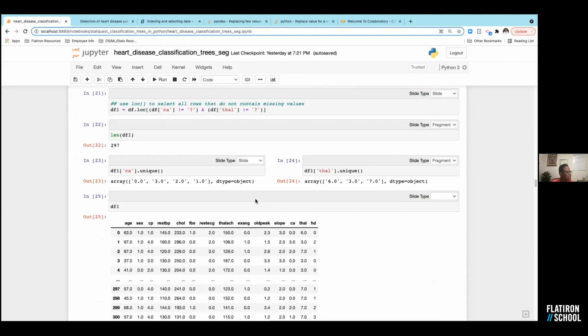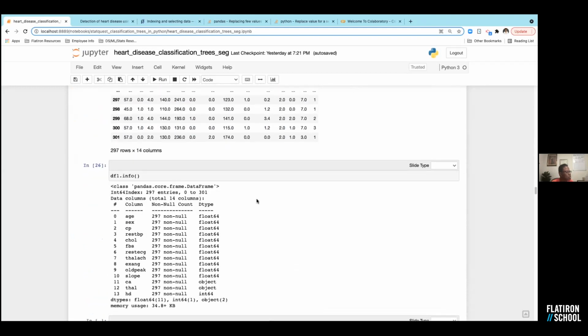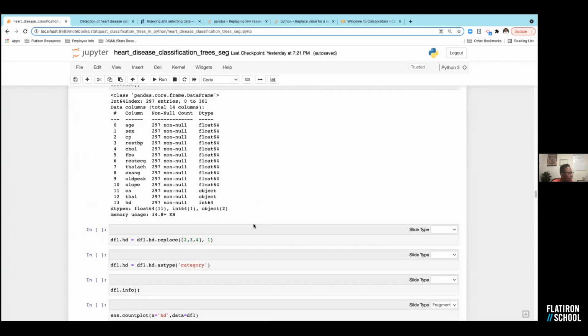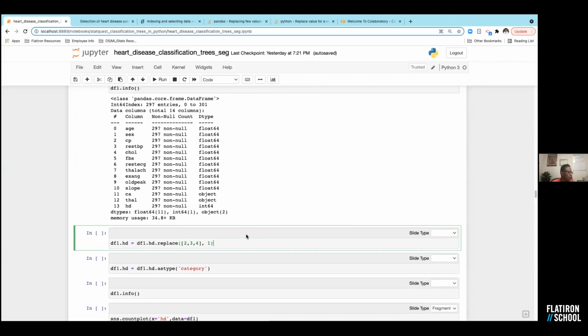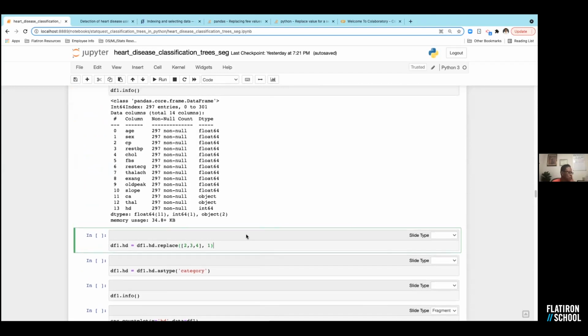This is where I am going to change the categories for the outcome, which is HD in this case. Notice it's measured as an integer, which is not quite correct. We need it to be classified.